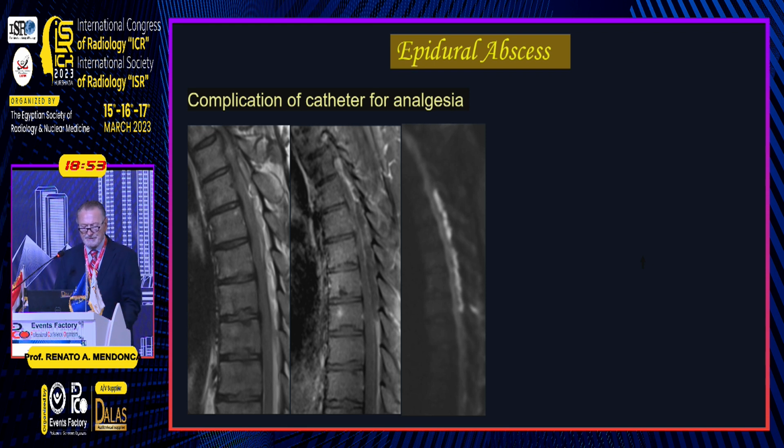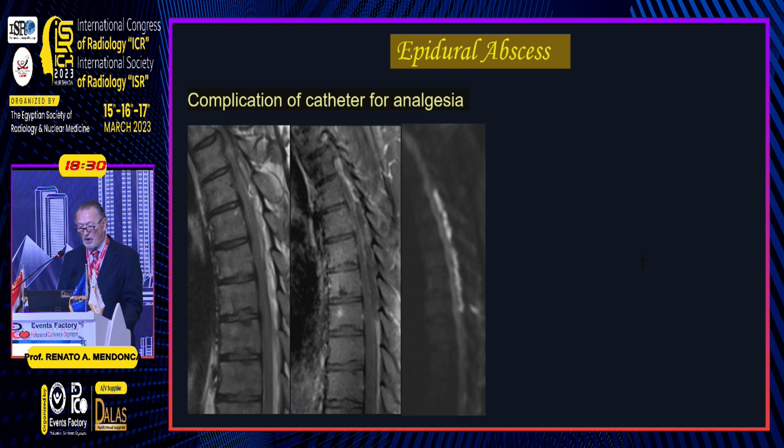Epidural abscess, in the past we used to think that it could be an epidural abscess by itself without a cause. But today we know after MRI that there is always a cause, that we can always find the cause behind the lesion. It's a kind of complication of catheter for analgesia, and we can see here the diffusion restriction of the abscess helping to make the diagnosis.